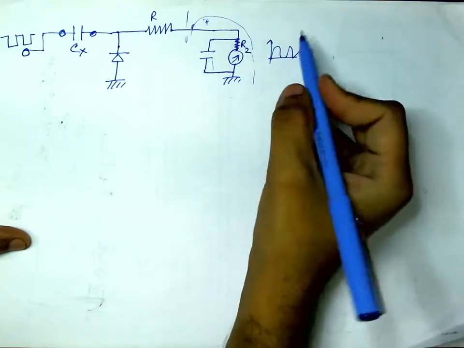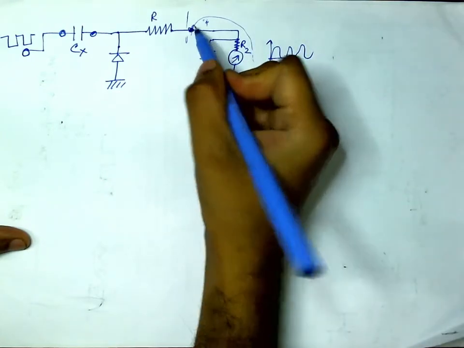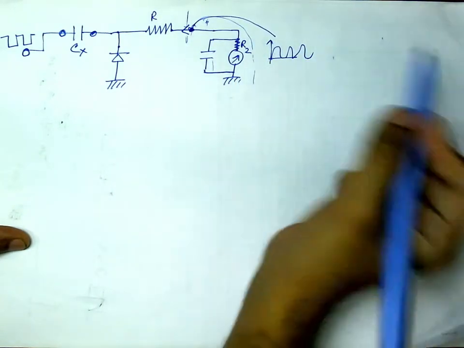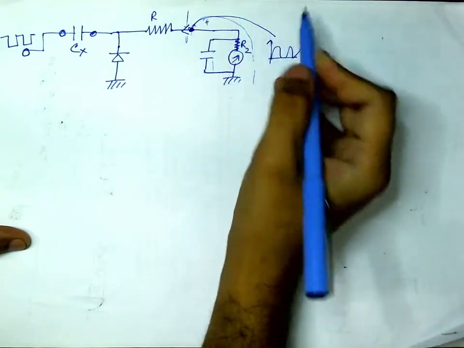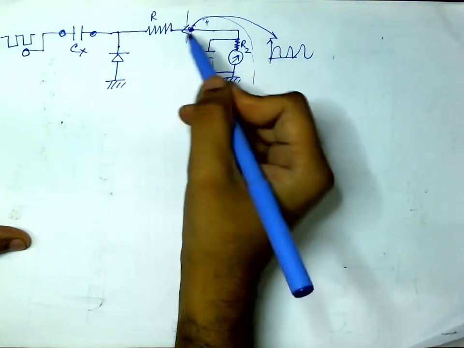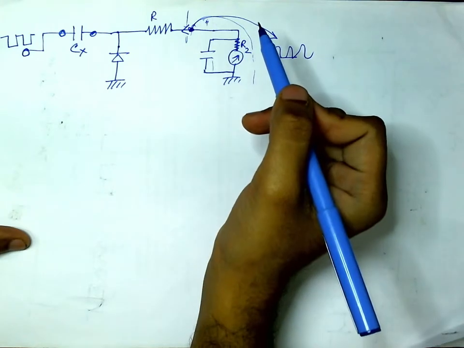Now what happens at this point, the current is oscillating like this. Through this, current goes only during charging and no current during discharging.